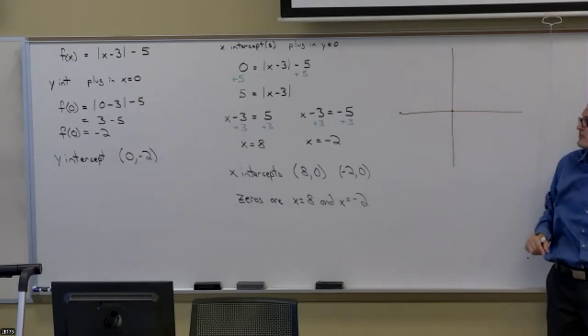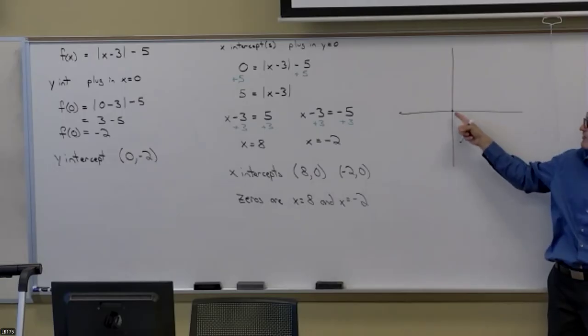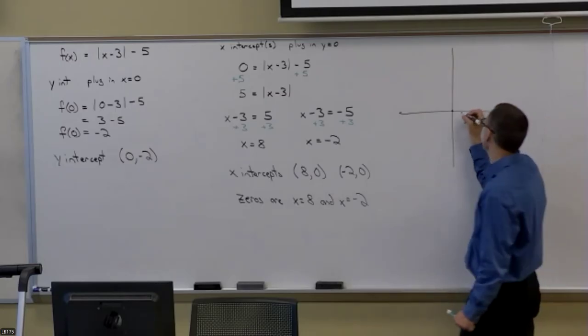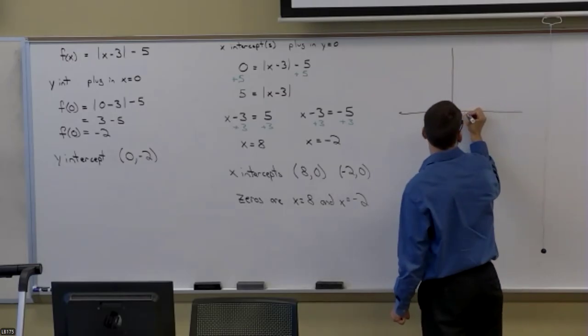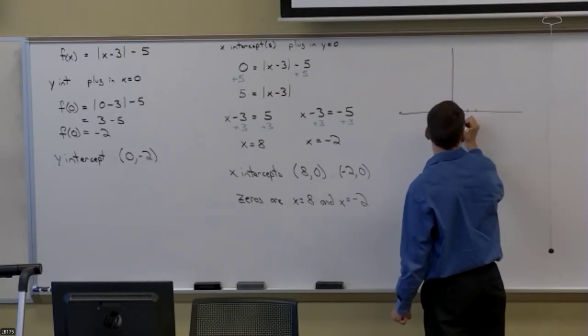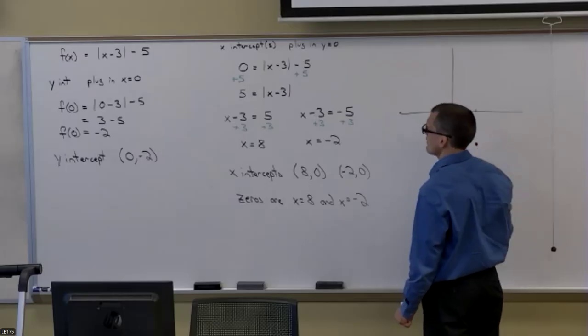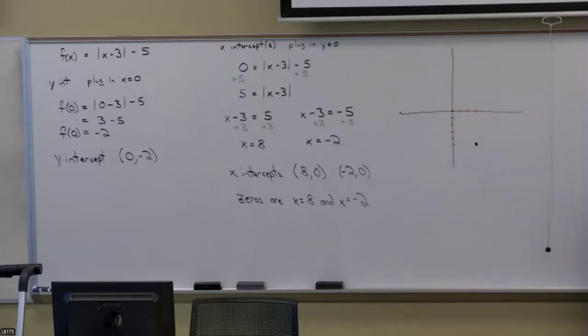How was it transformed? That minus 3 would move it right 3 units. Minus 5 would move it down 5. So my vertex is right here somewhere, right 3 down 5.